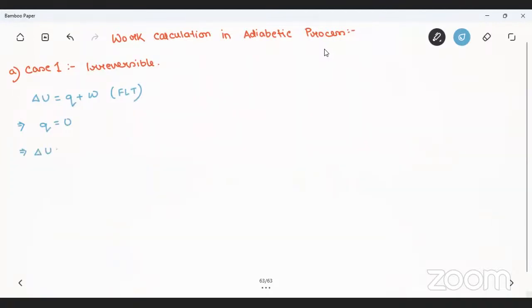So delta U is equivalent to W. Now we can write delta U as n CVm delta T, and W as minus P external delta V.